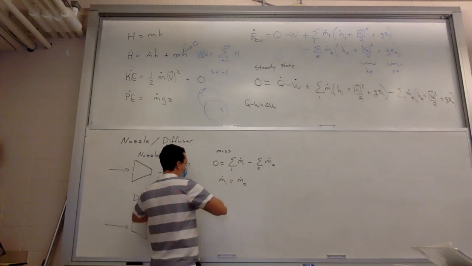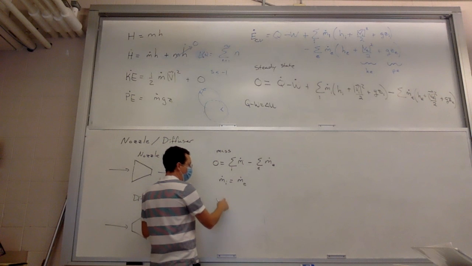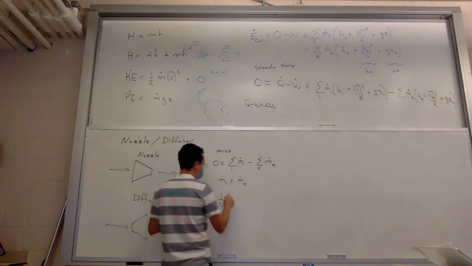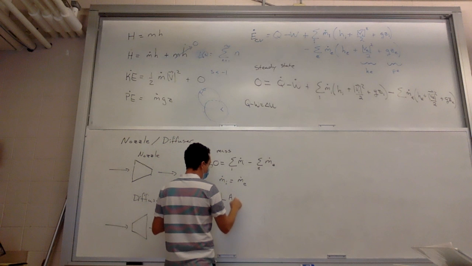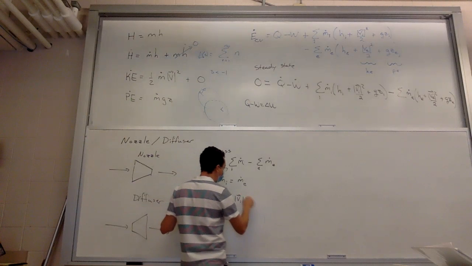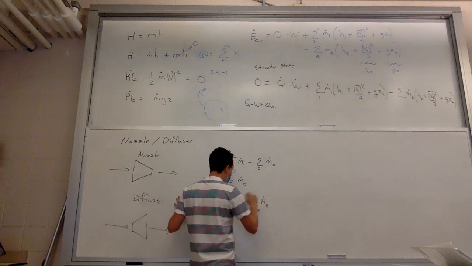Right, so I can write this as the density times the volume flow rate, or 1 over the specific volume of the input times the area of the input times the velocity of the input must equal 1 over the specific volume of the exit times the area of the exit times the velocity of the exit.